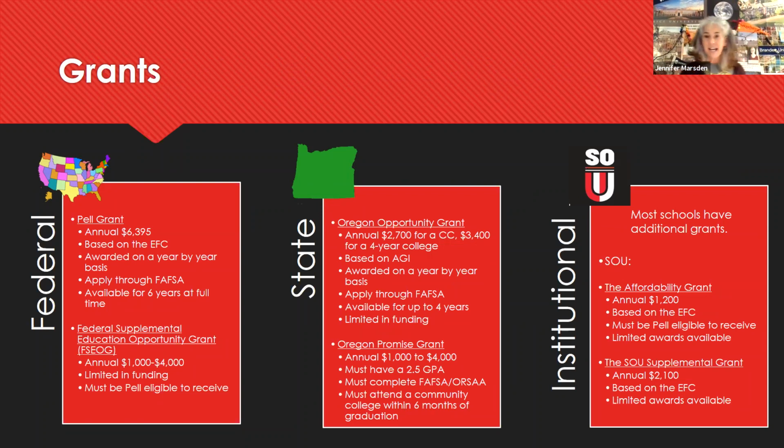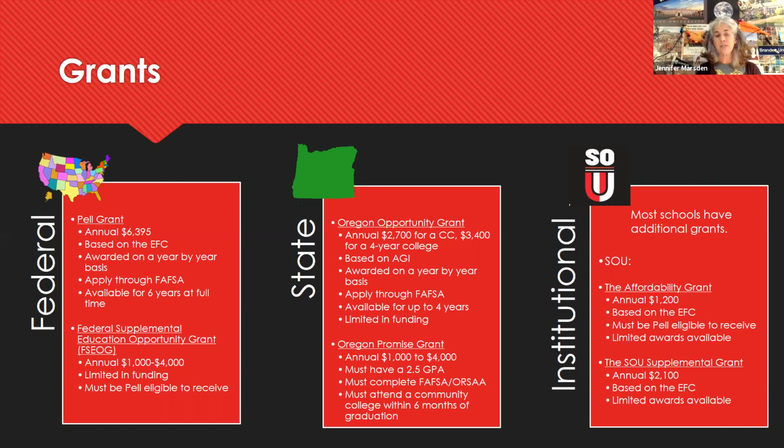So on this slide, after that conversation, I tell the kids, great, now we get to talk about all the money that's available to you. It breaks down grants between federal grants, state grants, and then institutional grants. I use SOU as an example.